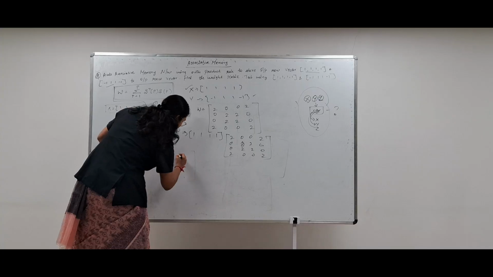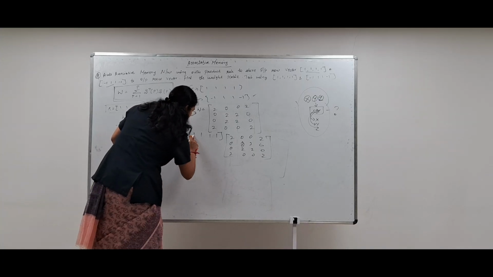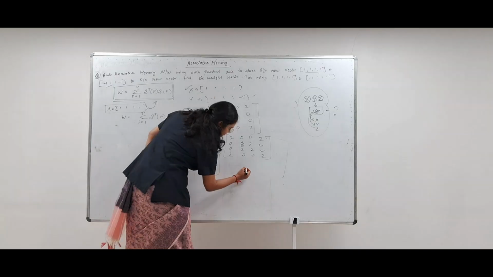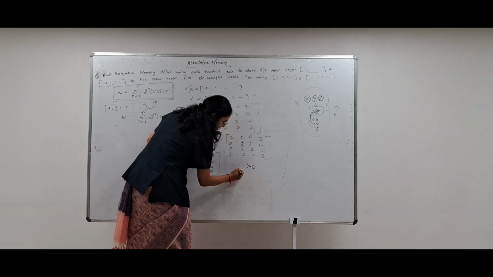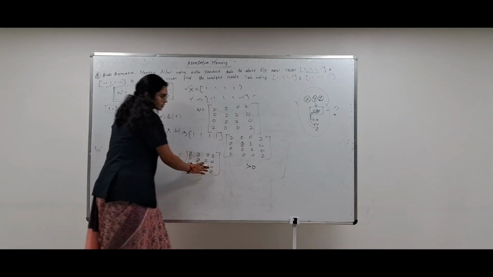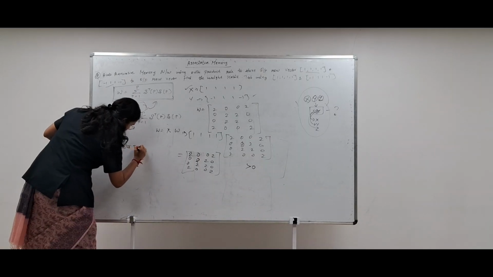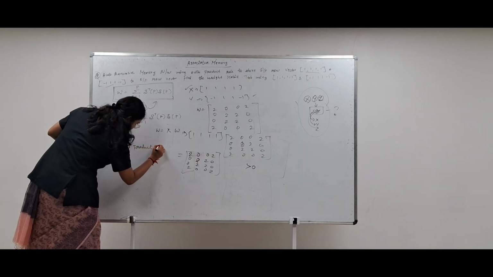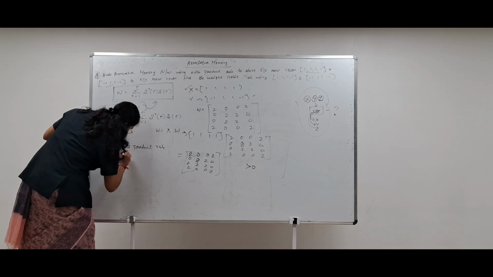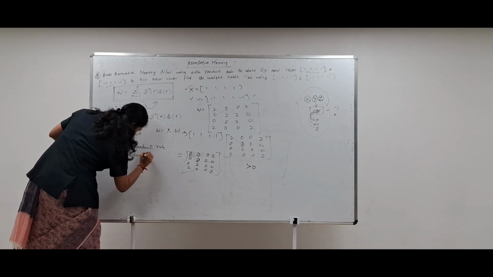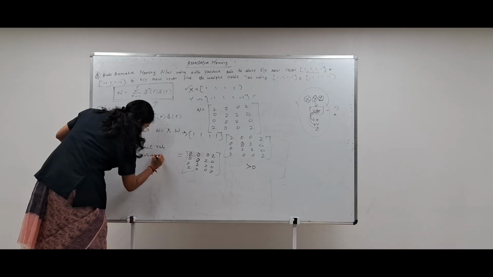So the answer will be 1 into 1, a positive number, greater than 0. So the outer product rule of auto-associative is correct.